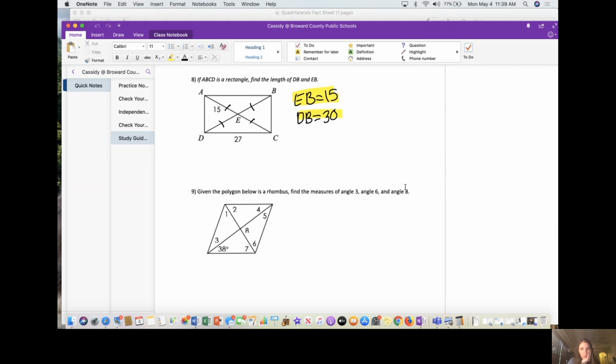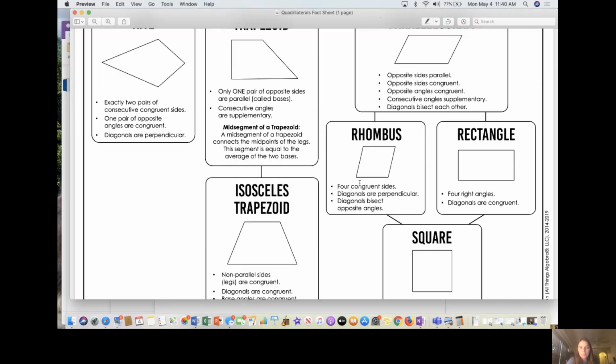All right, last question. Given the polygon below is a rhombus, find the measures of angles 3, 6, and 8. In a rhombus, what's important here is that the diagonals are perpendicular, meaning that they intersect at a perpendicular angle.